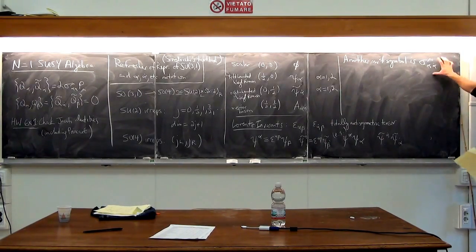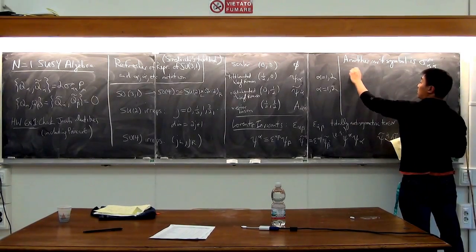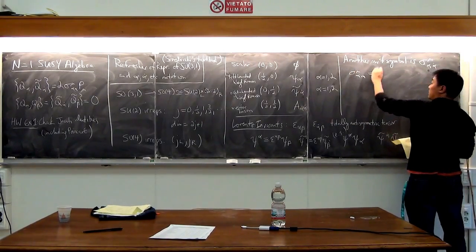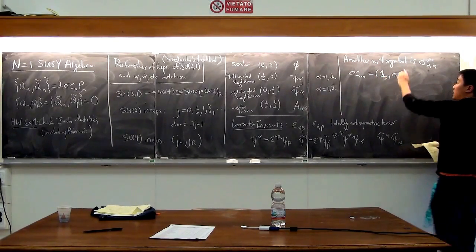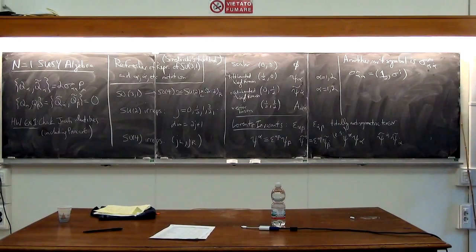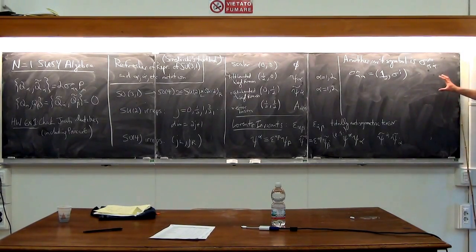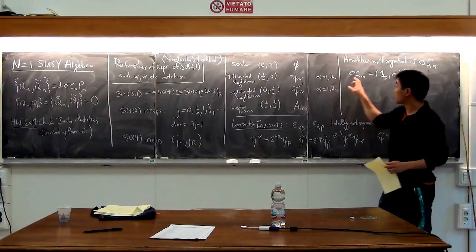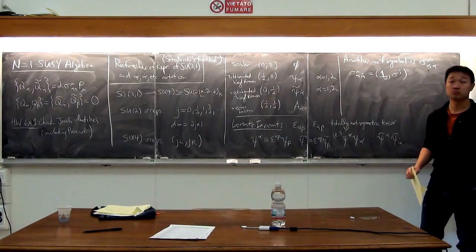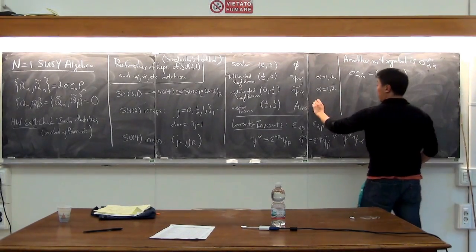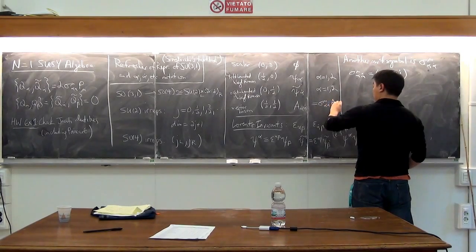Okay, so another invariant symbol is the Pauli matrices plus the identity, right? So sigma mu alpha alpha dot is the 2 by 2 identity matrix, and then the 2 by 2 Pauli matrices. Okay, and so this thing converts these alpha alpha dot indices into mu indices. Okay, so using this thing, we can write this also like that.